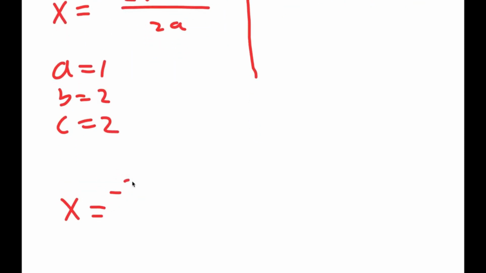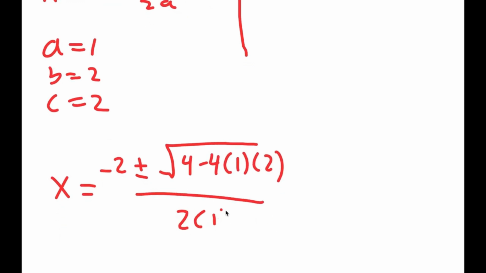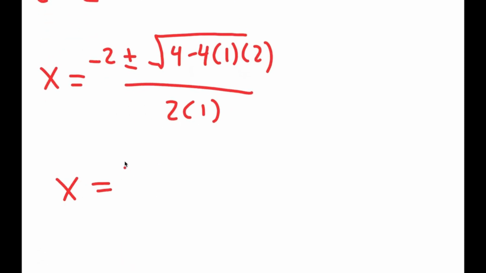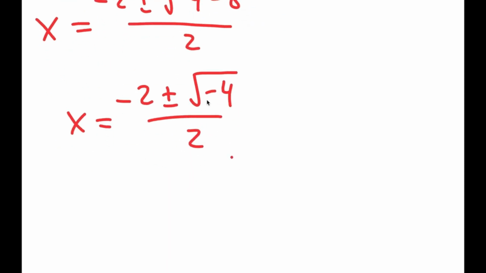So I get x is equal to negative 2 plus or minus the square root of 2 squared, which is 4, minus 4 times a, which is 1, times c, which is 2, all over 2a, so 2 times 1. Now this is equal to negative 2 plus or minus the square root of 4 minus 8 over 2, which is equal to negative 2 plus or minus the square root of negative 4 over 2.